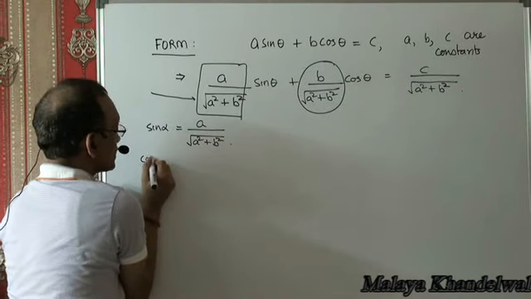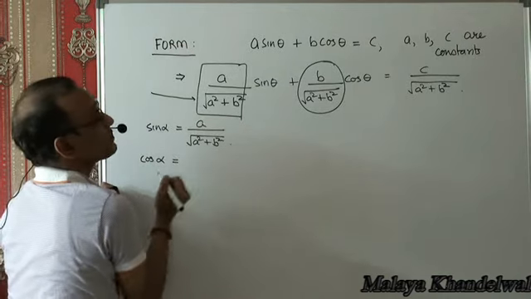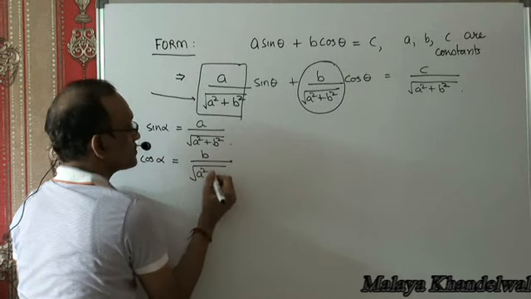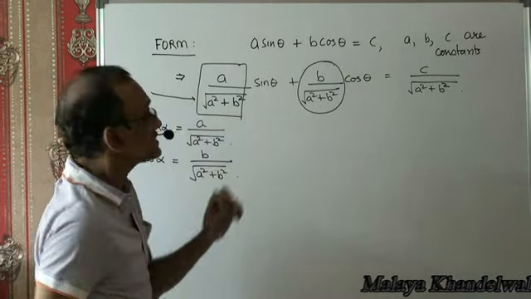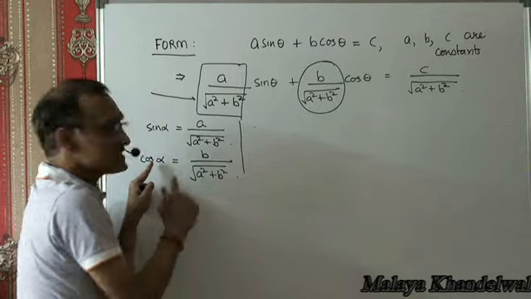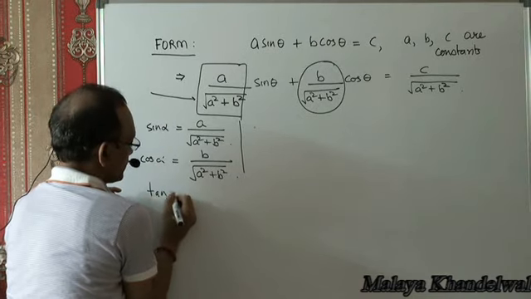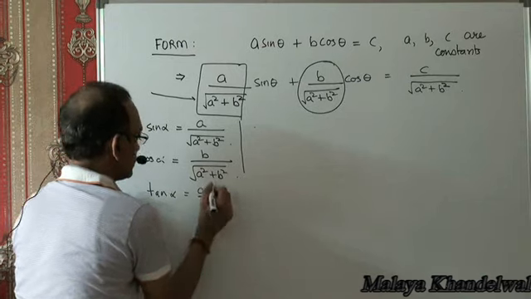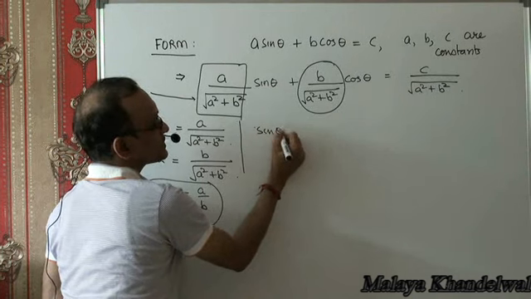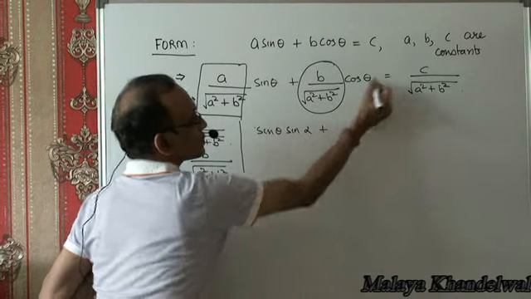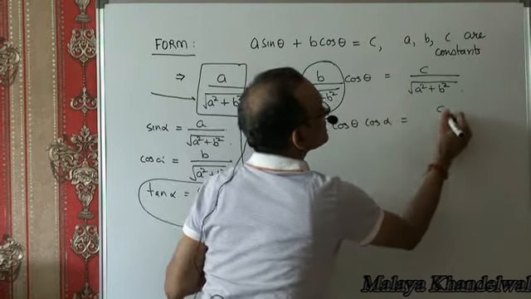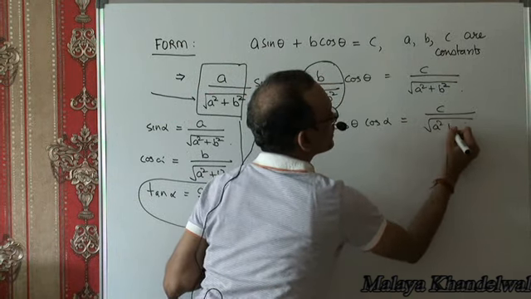Realize we've done this in the past in trigonometry. So b by root a square plus b square will turn out to be cos alpha, right? Then this equation reduces to sine theta sine alpha plus cos theta cos alpha is c by root a square plus b square, where of course alpha is such that tan alpha is a by b.